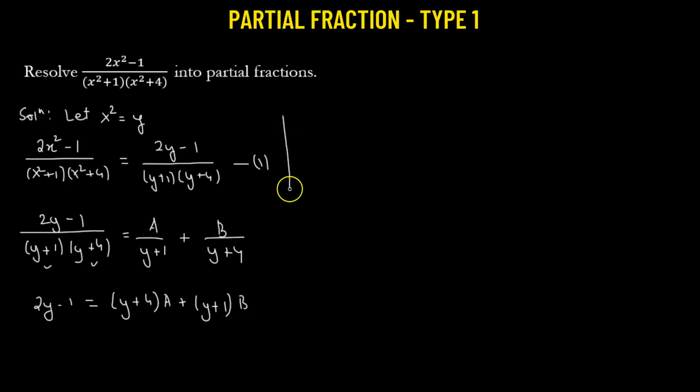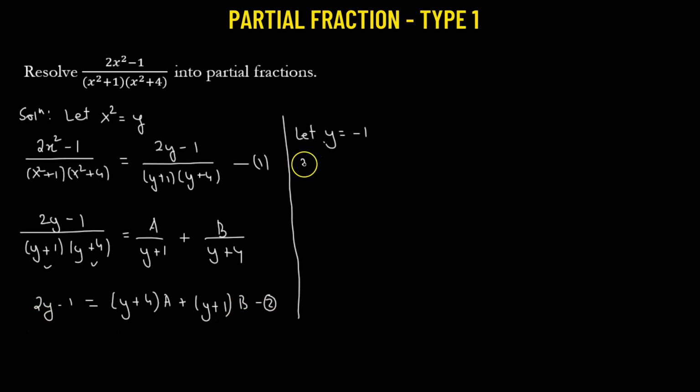In order to find out the value of a and b, we're going to choose two specific values of y. So let's say if we choose y equals -1, then our second term goes to 0 and we'll be only left with the first term on the right hand side, and that will help us find out the value of a easily. So let's substitute y with -1 in the entire equation number 2.